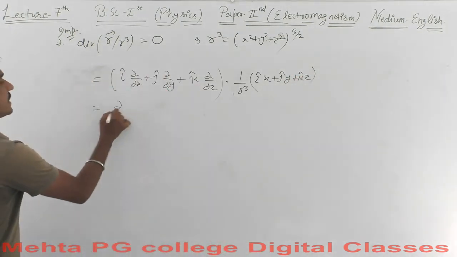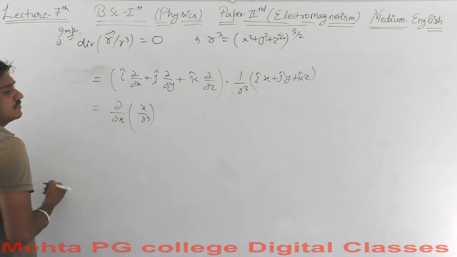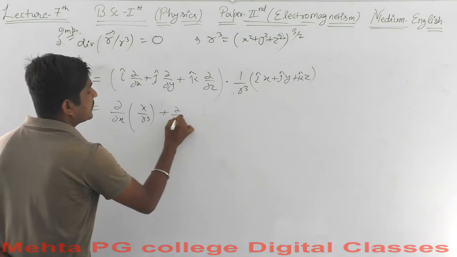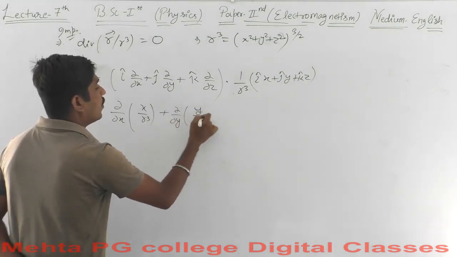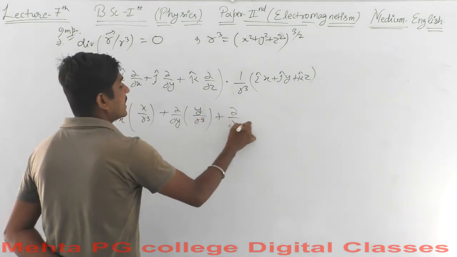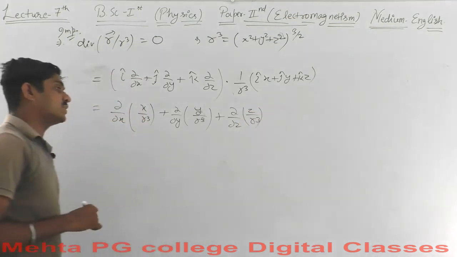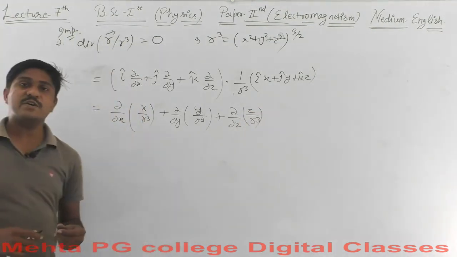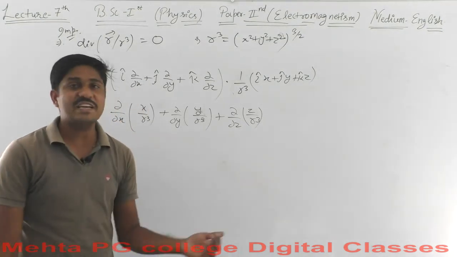So this will be i cap curly over curly x of x over r cube plus j cap curly over curly y of y over r cube plus k cap curly over curly z of z over r cube. So we are going through some more complications here.